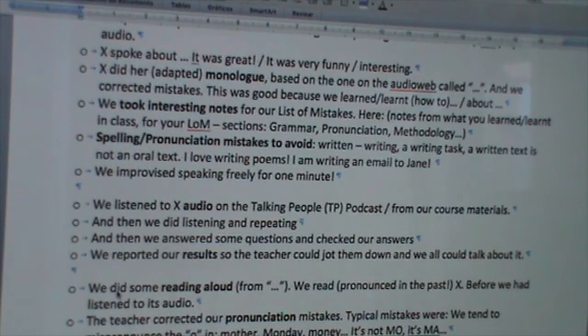Another set of useful language, of sentences for your diaries, around the issue of listening activities, for instance.